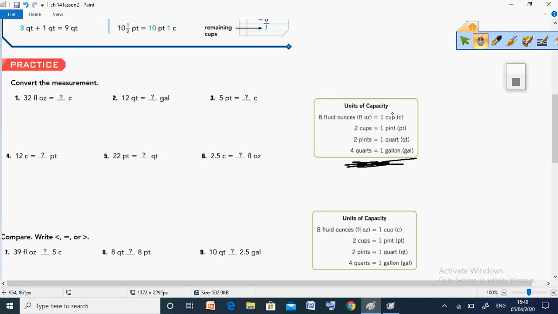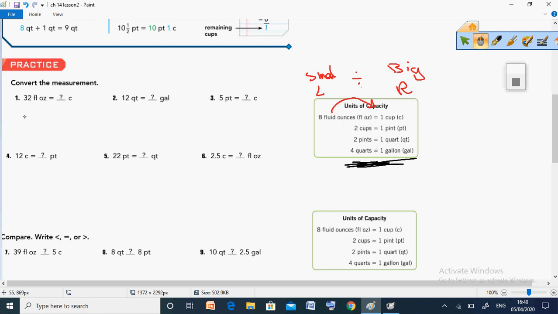So I will go to the box here. I am converting from fluid ounce to cup, so from left to right, or from small to big. So we have to divide.